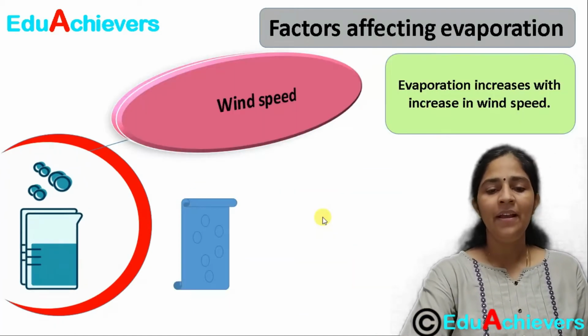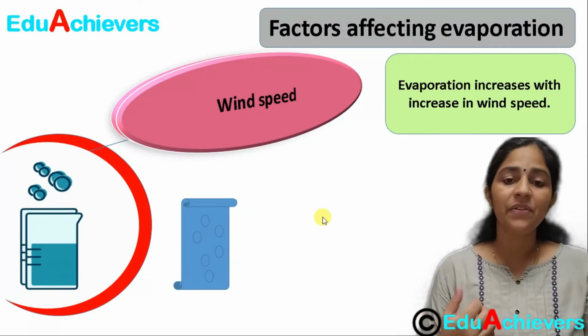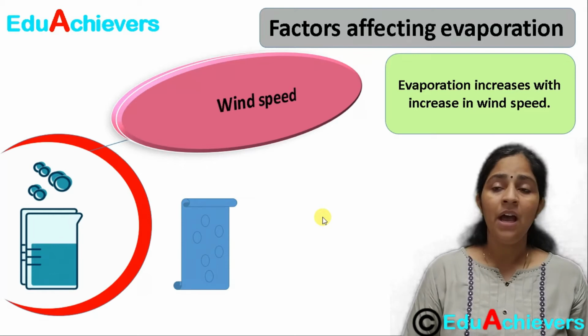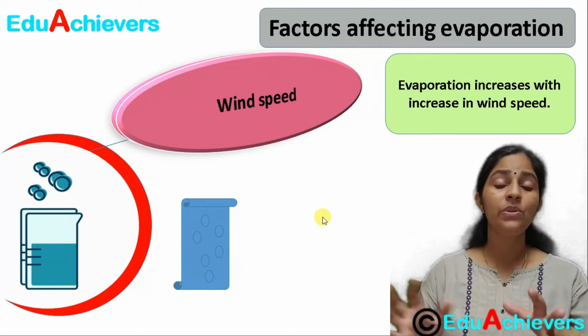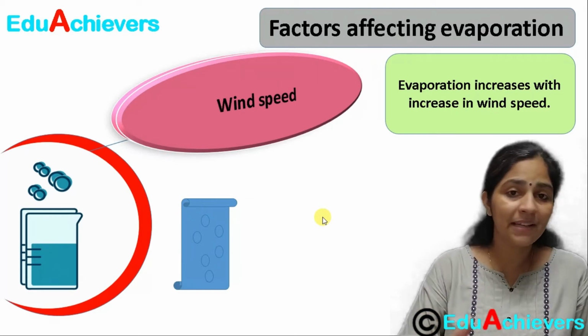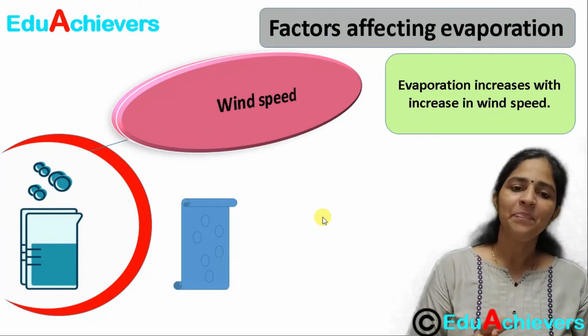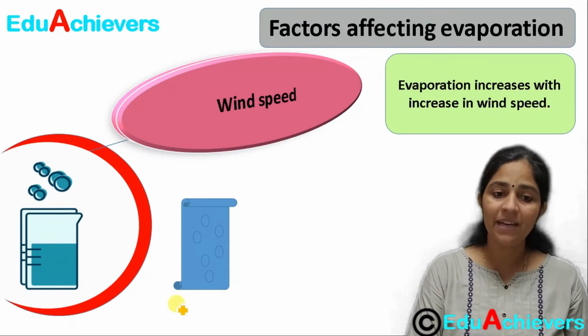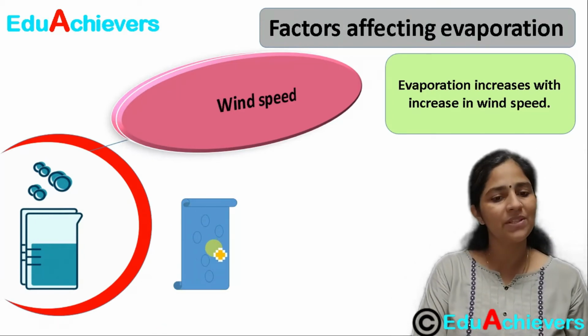Moving on, the next factor which affects evaporation is wind speed. You would have seen that on a windy day, clothes dry faster. How do the clothes dry faster? Because evaporation gets affected by wind speed. Imagine this is a piece of cloth which is hanged.